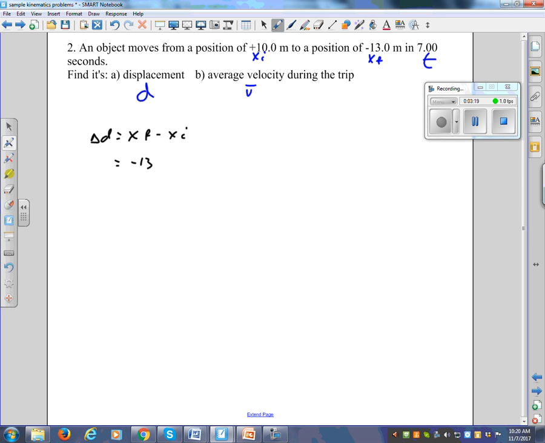The initial was 10. So -13 minus 10, which is -23. Should we put units on our sort of what I call intermediate steps? We should. I don't get too excited about that. But I do get excited about units not being on the final answer. Okay?